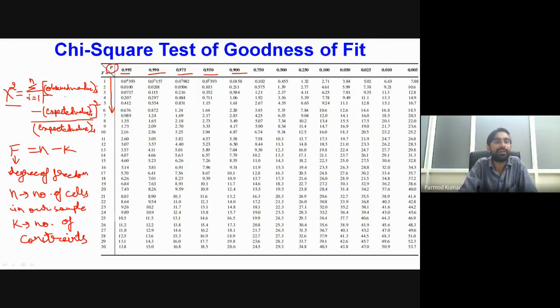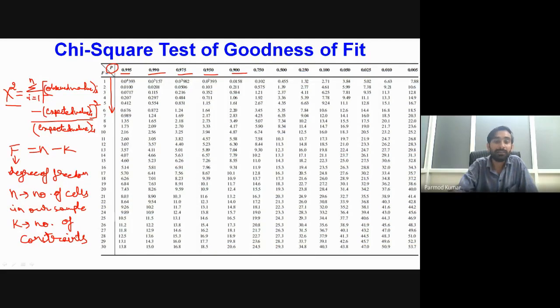In the formulation of chi-square, we have the difference of the expected value and the observed value, so it tells us how close our observed experimental data is to the expected data.